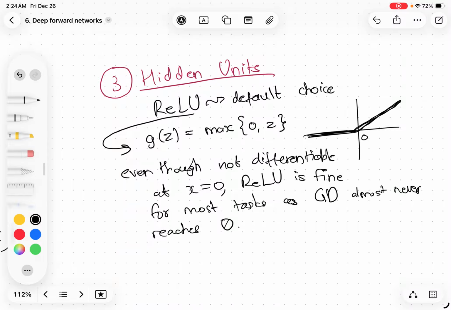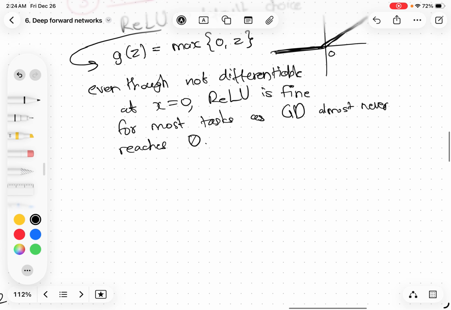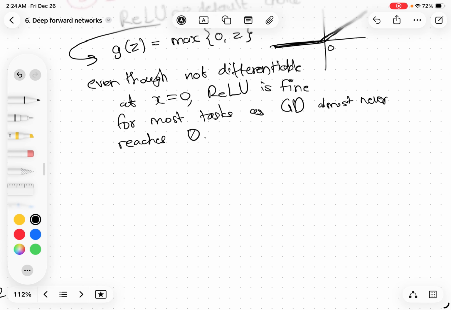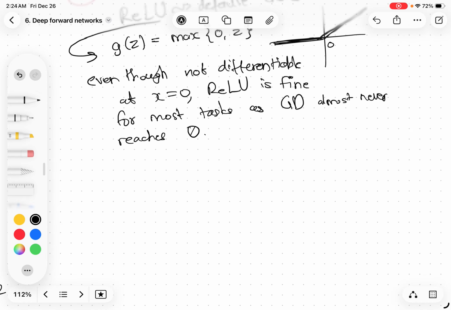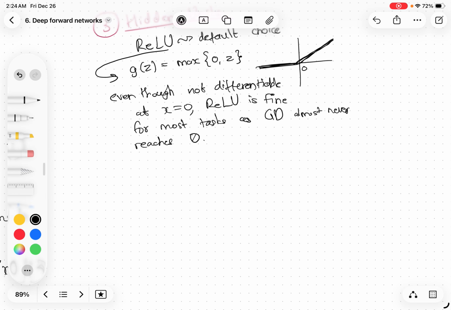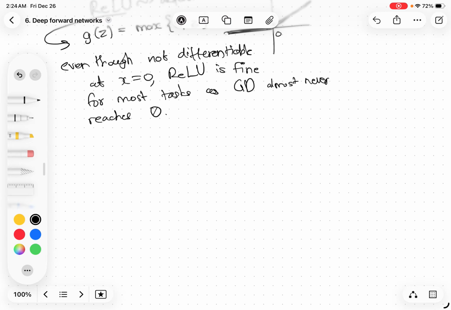Activation functions are described below. Now there are some generalizations of the rectified linear unit. We'll just go through a few of them here.